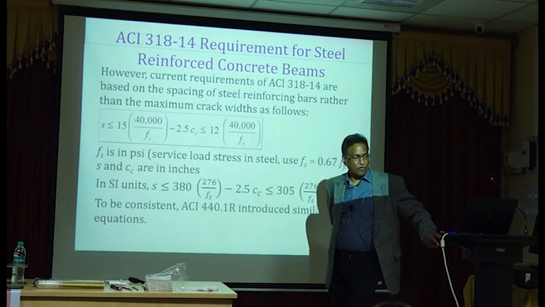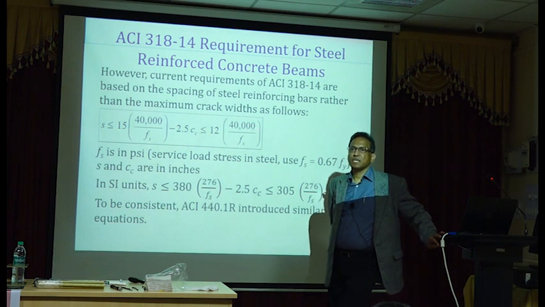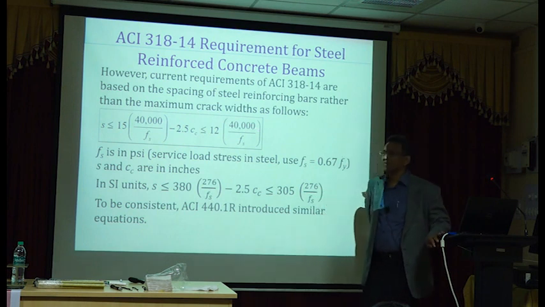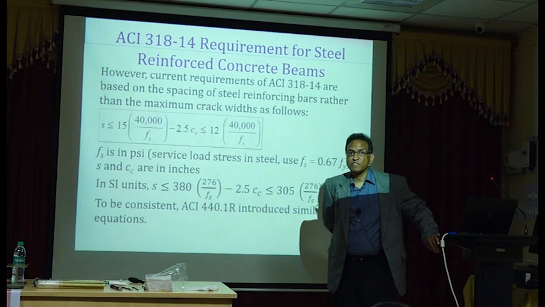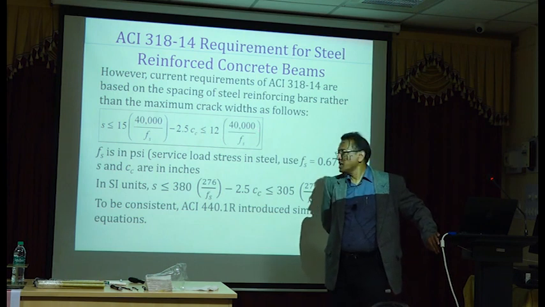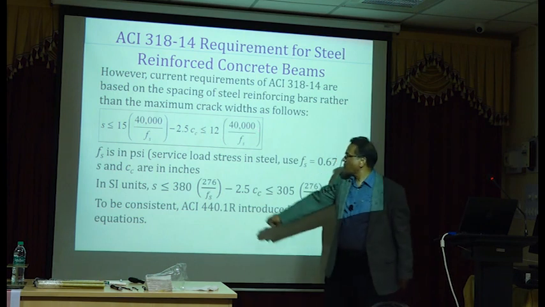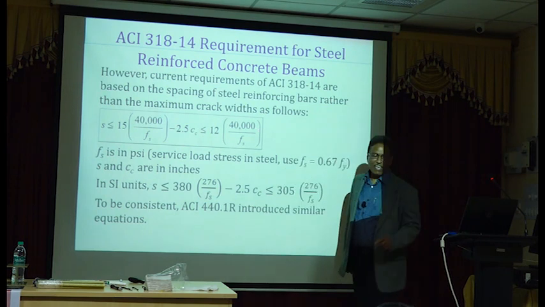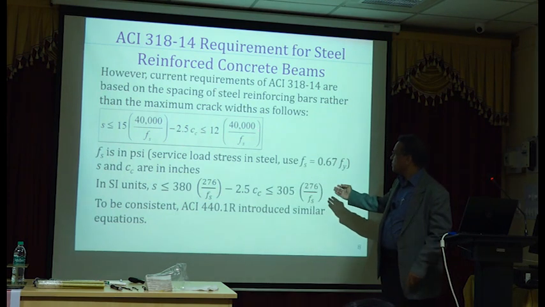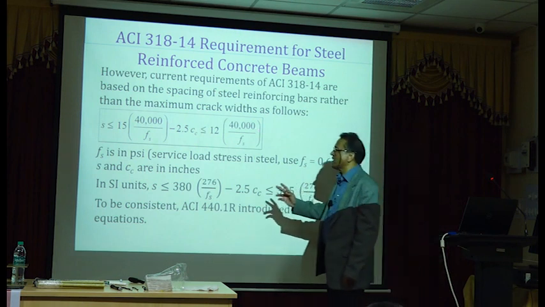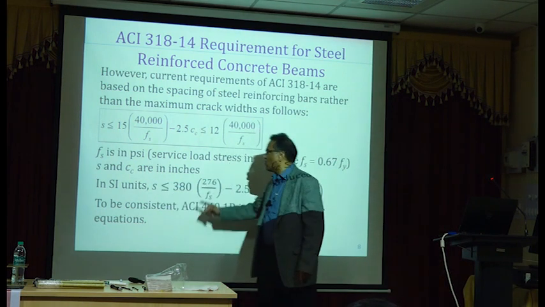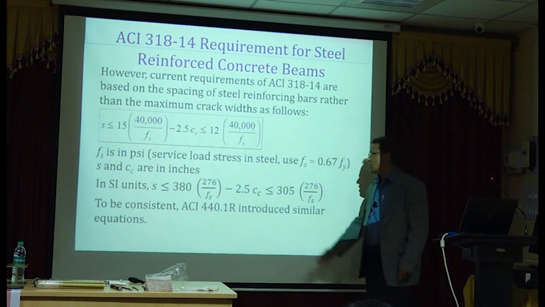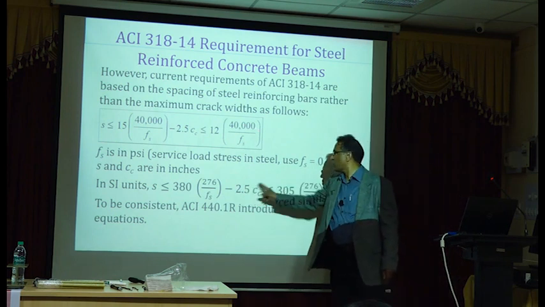IS 456 also would have mentioned that. It's 65% or 67% of fy. That's your service load stress in steel normally. So you can plug in fs equals 0.67 fy and then come up with the spacing equation. As long as your spacing is less than what is given by this equation, there are two equations actually, one here, one here.